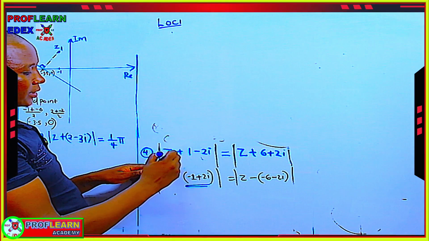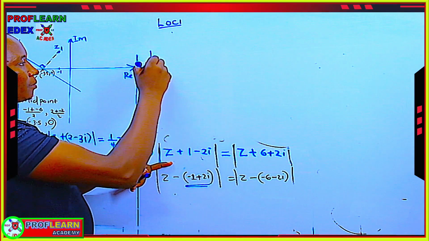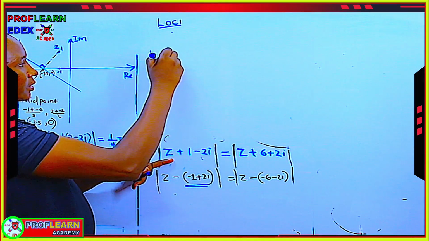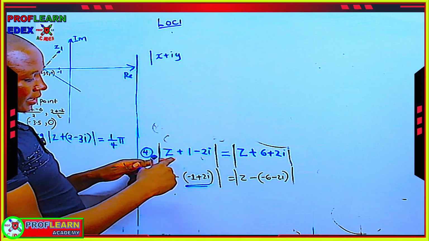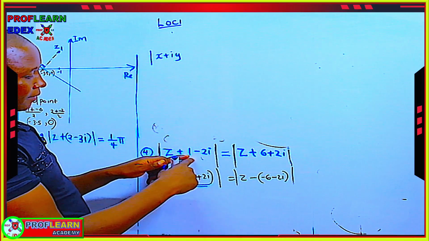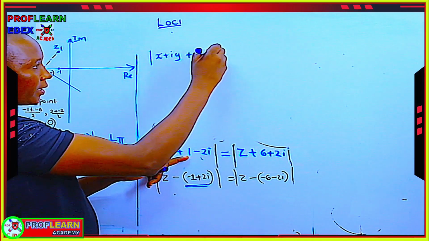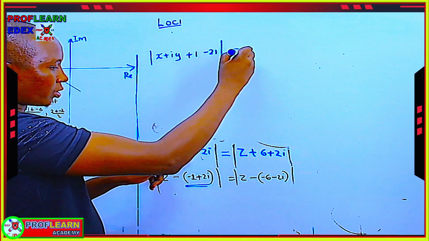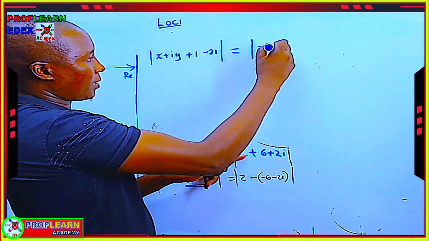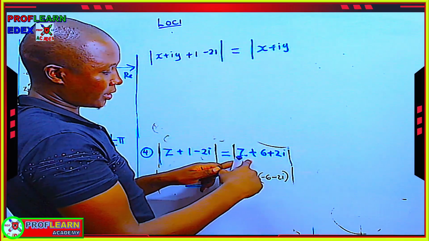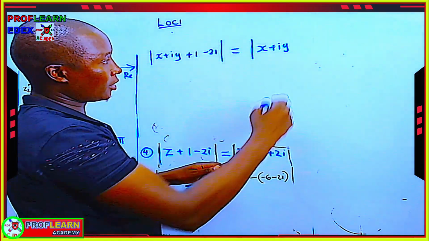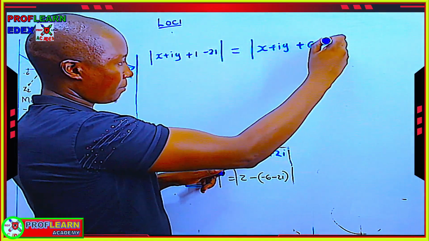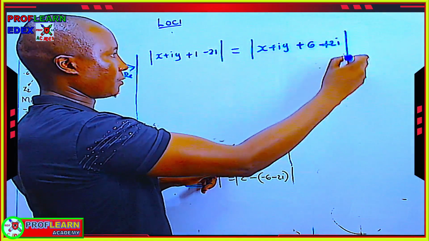In terms of x and y, this is going to be the modulus of x plus iy. This z is x plus iy, and this will be plus 1 minus 2i, equal to x plus iy, because this is just a general complex number, and this will be plus 6 plus 2i.